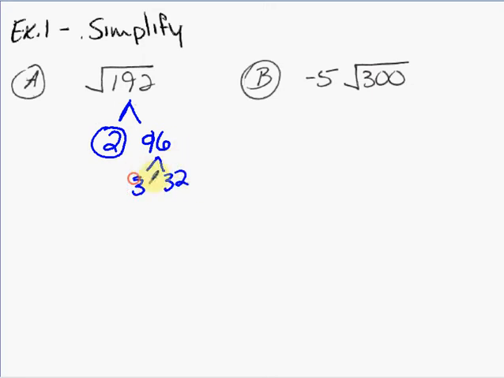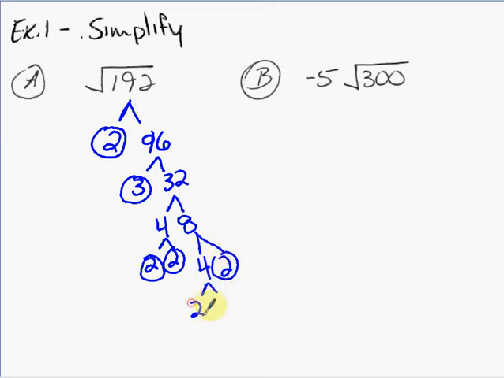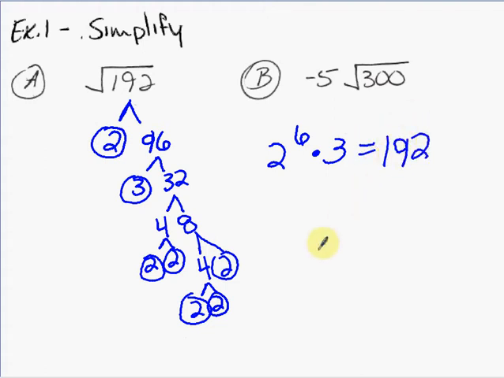I'll circle 3. 32 is 4 and 8. 4 is 2 times 2. 8 is 4 times 2. Circle the 2, and 4 is 2 and 2. So I just wrote the number 192 as a product of prime numbers. If I count up all my 2's, 1, 2, 3, 4, 5, 6, I have 2 to the 6th, and I have one 3 circled, so 2 to the 6th times 3 is 192. That's called a prime factorization.